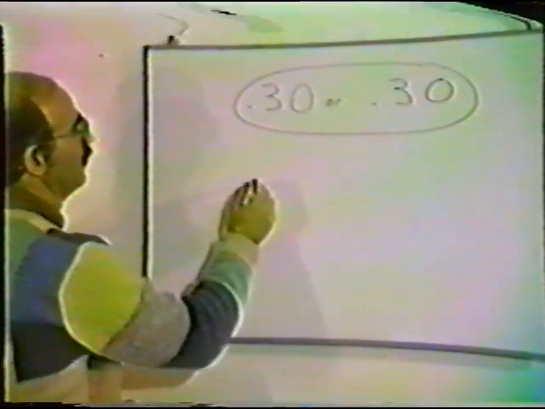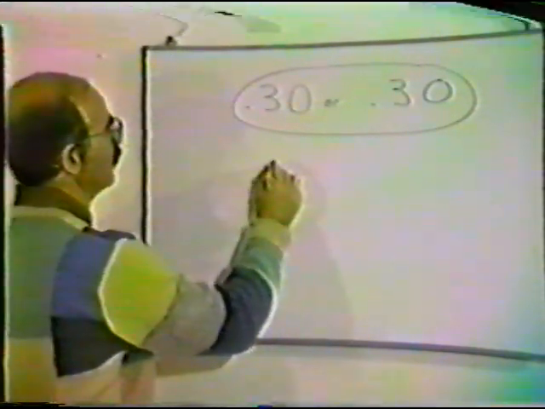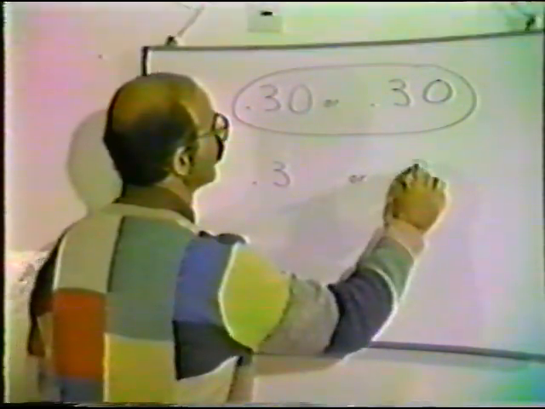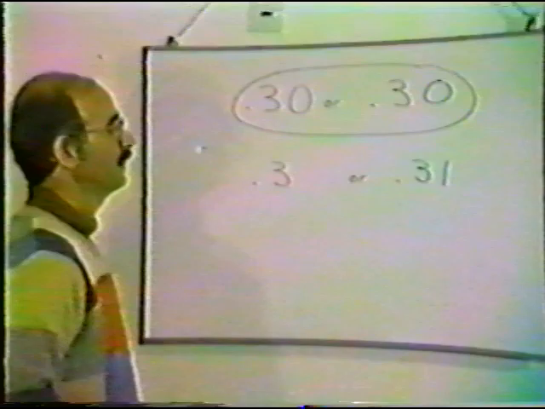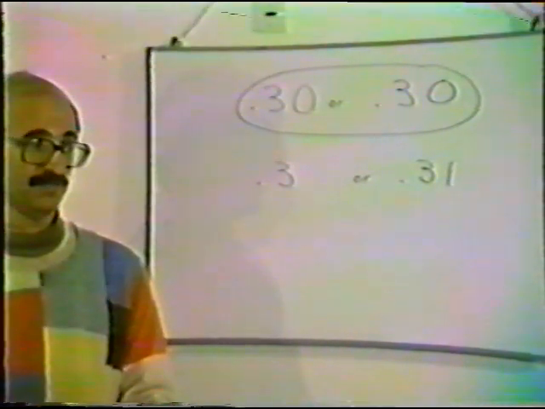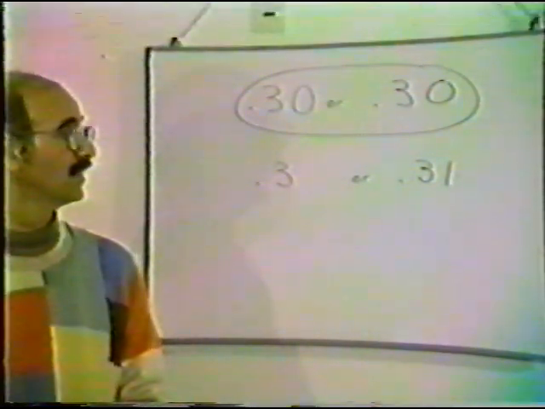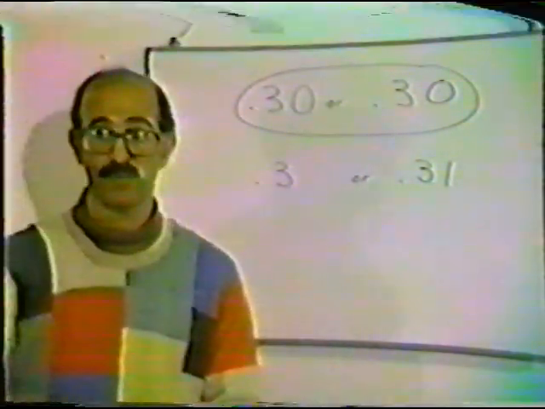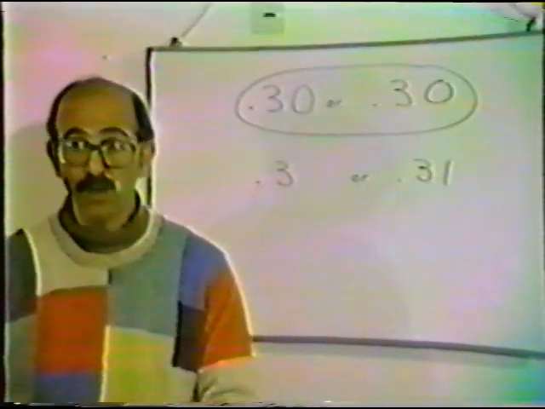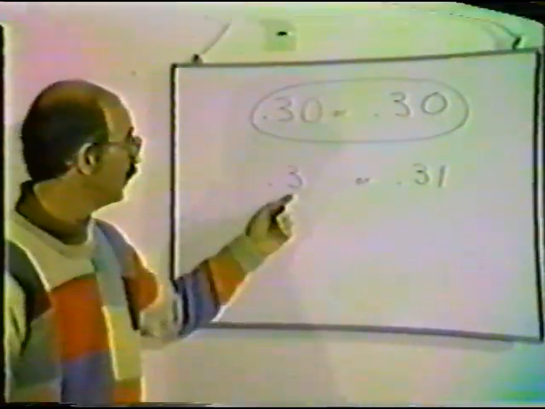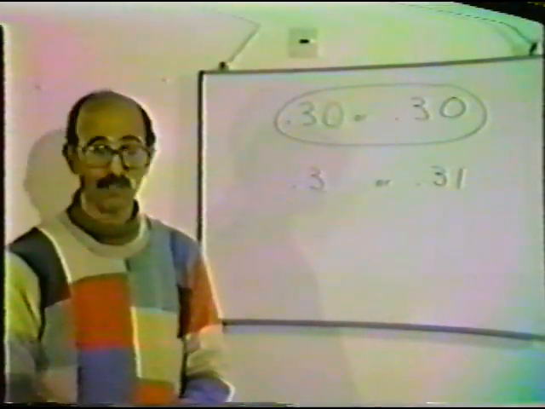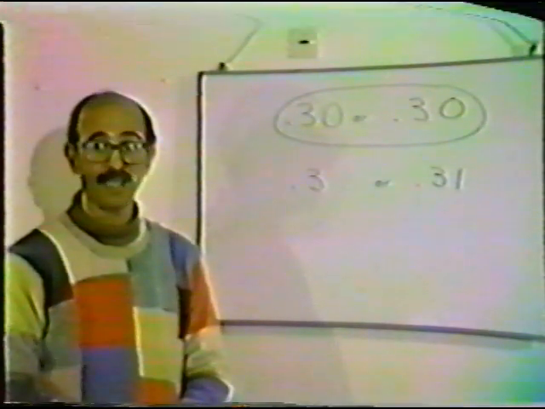Let's do another. 0.3 or 0.31. Which is the larger? 0.31, everybody says. Well, my answer is, I don't know. Because one is tenths and one is hundredths. And I want them to both be the same.